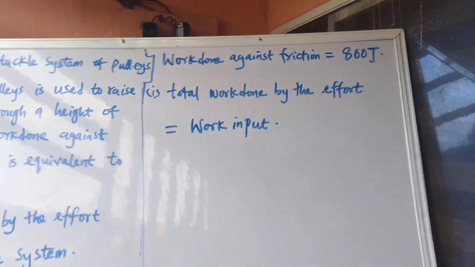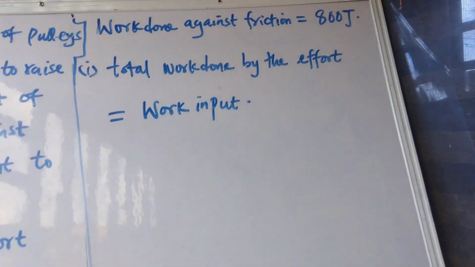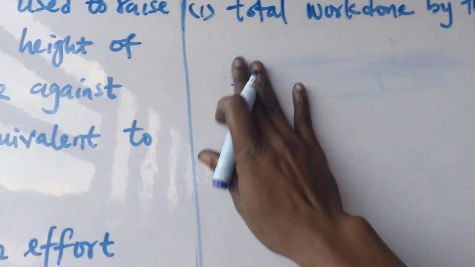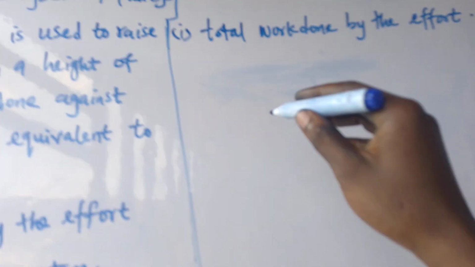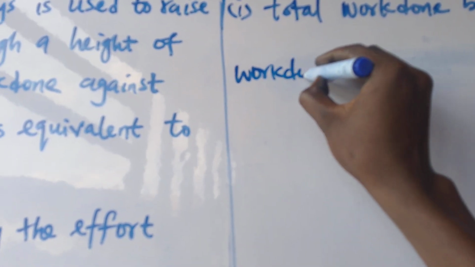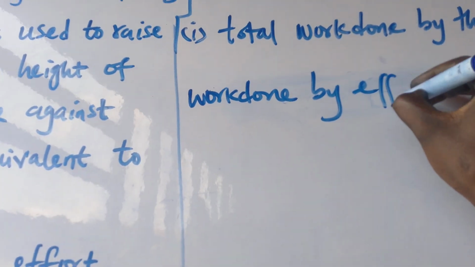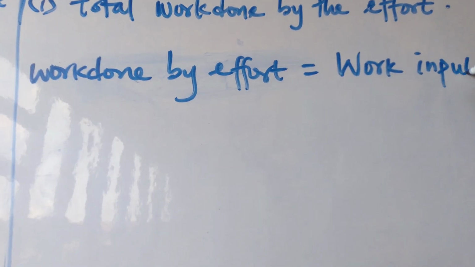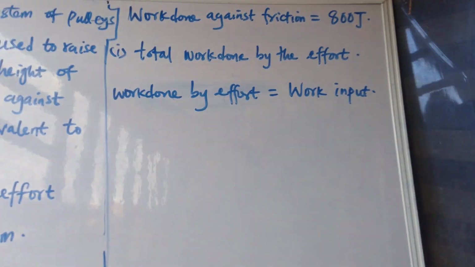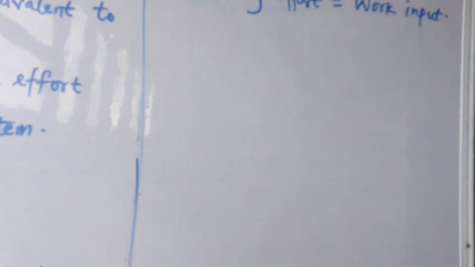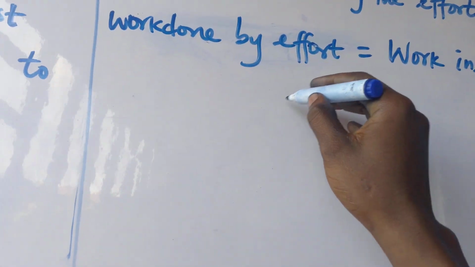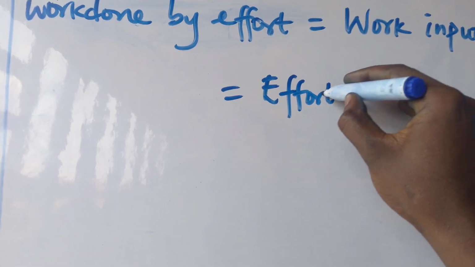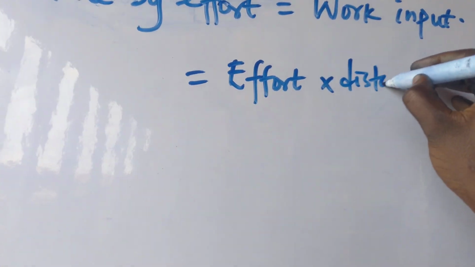Work done by effort is equal to work input, and work done by load is equal to work output. Alright, so we'll come back to that question. The work input is the effort times distance moved by effort.